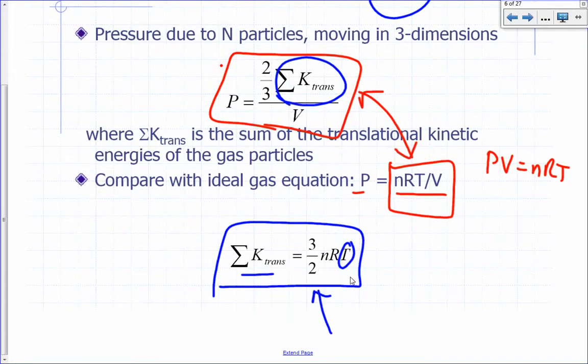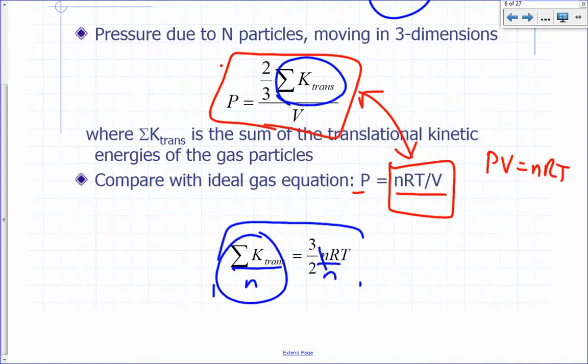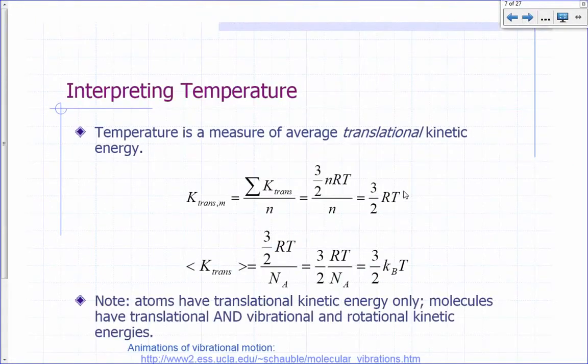And you'll notice if you divide both sides by the number of moles, temperature is sort of like averaging your translational kinetic energy, the total divided by the actual number of molecules.